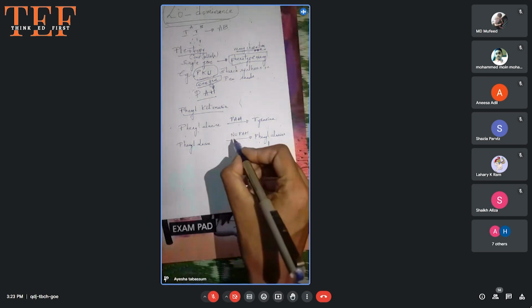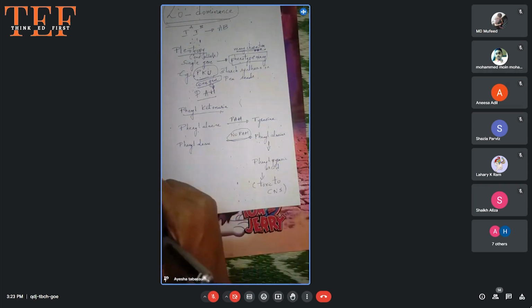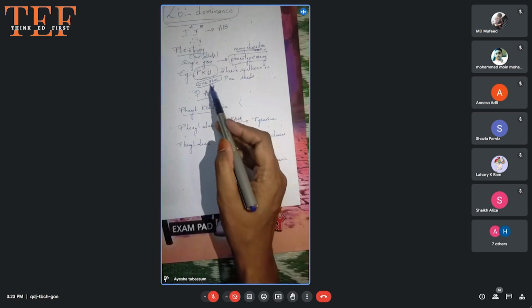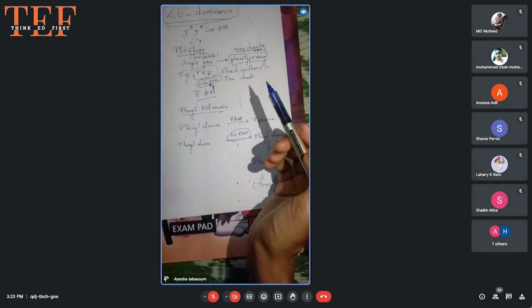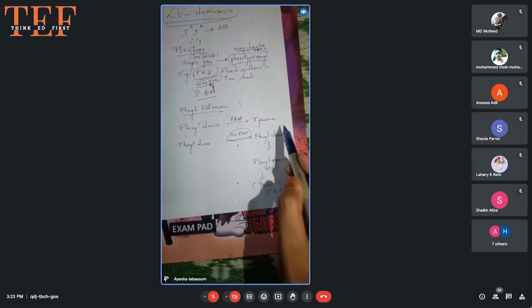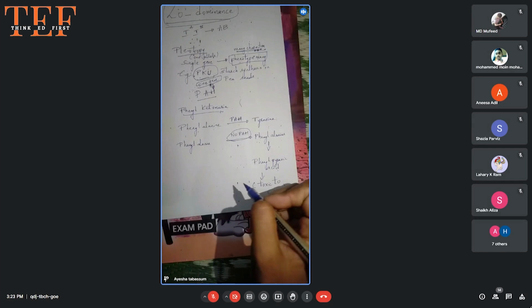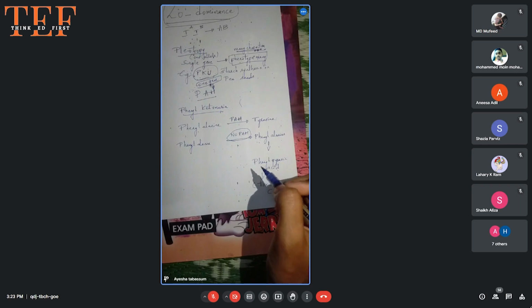And why is PAH not synthesized in phenylketonuria people? Because the one gene responsible for the synthesis of the PAH enzyme is defective. It is mutated. That's why one gene is producing many symptoms: mental retardation, reduction in hair, skin pigmentation, and so on.